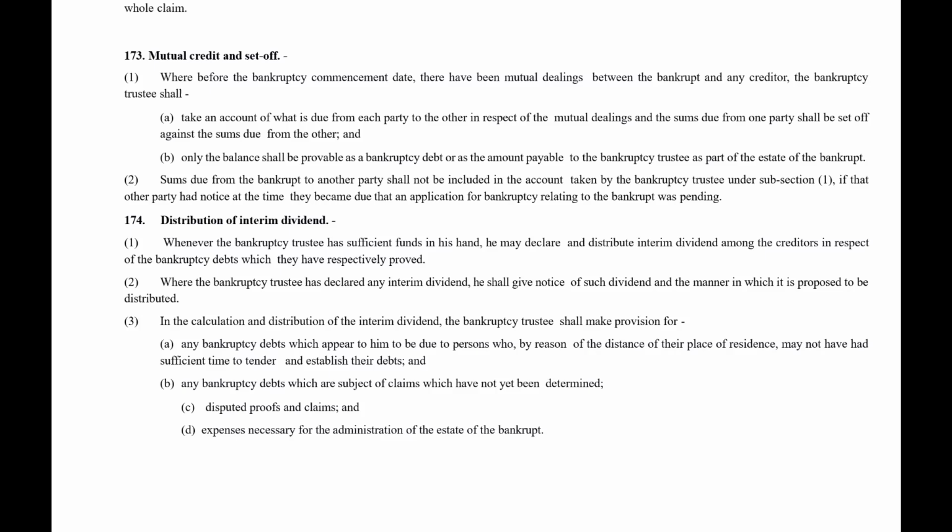In that case the bankruptcy trustee will make provision. Any bankruptcy debt which are subject of claims which have not yet been determined, disputed proofs and claims, and expenses necessary for the administration of the estate of the bankrupt. So he will make provision and then he will distribute the interim dividend.